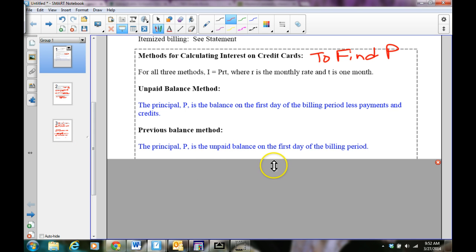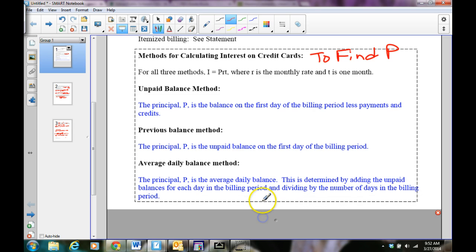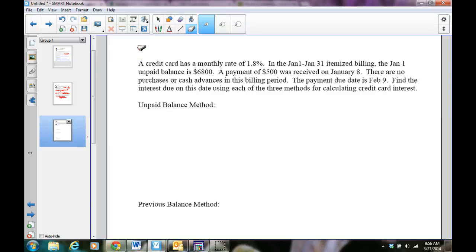Hang in there. And the last one, I'll show you an example in a minute, okay? The last one is the average daily balance. So it's going to take an average of what your balance is over the month.